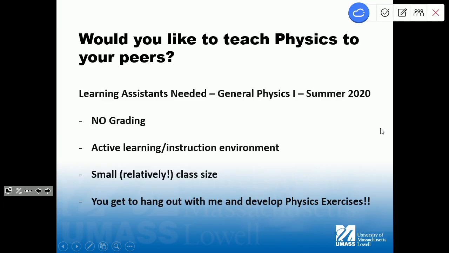Okay, the fun part. Do you want a job? This is for summer. If you guys are interested, I'm looking for learning assistants. Promise there will be no grading. The idea on a summer course is it's a smaller class size. It's General Physics 1, so it's what you guys have been studying. Relatively small, maybe 20, 30 people as opposed to 300.